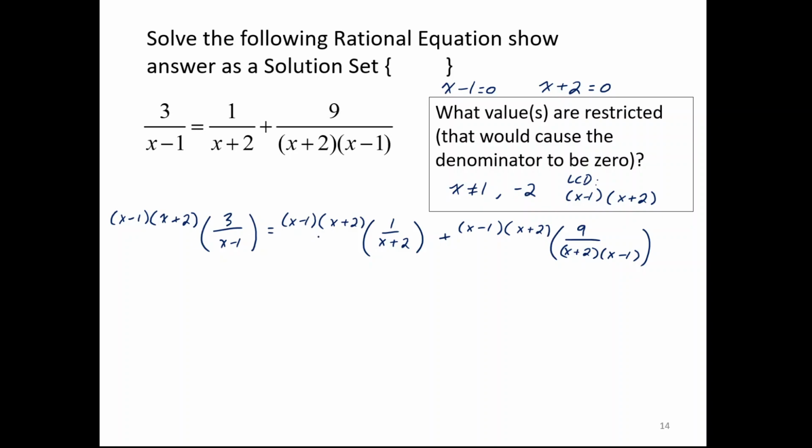So, in the first term on the left-hand side, the x minus 1 factor reduces, so we're left with 3 parentheses x plus 2, close parentheses. Our next term, x minus 1 times x plus 2 times 1 over x plus 2. The x plus 2 factor will cancel, so we're left with 1 multiplied by x minus 1.